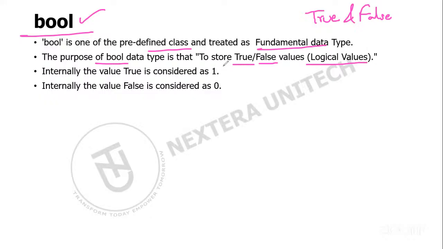And this is very important, guys. Internally, the value of true is 1. What is the value for false? False is 0. So true takes 1, false takes 0.